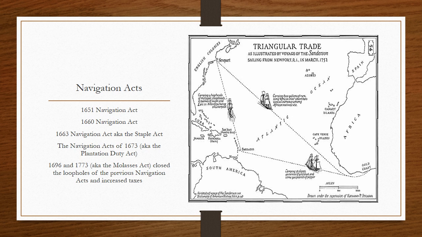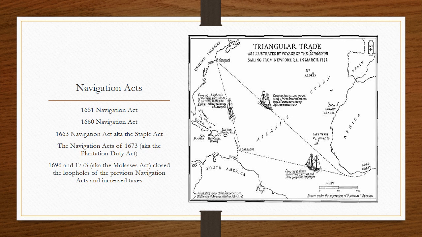As you can see, the Navigation Acts, there were several, starting from 1651, but it wasn't until following the French and Indian War that you had the reinforcement, and this really hindered the free trade and the very profitable trade along the triangular trade route, as depicted on the right.